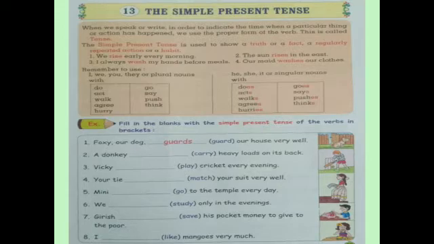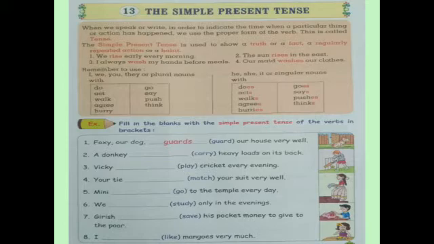Fourth sentence, a maid washes our clothes. So from all these sentences, it indicates that simple present tense is used to show a truth or a fact, a regularly repeated action or your habit.